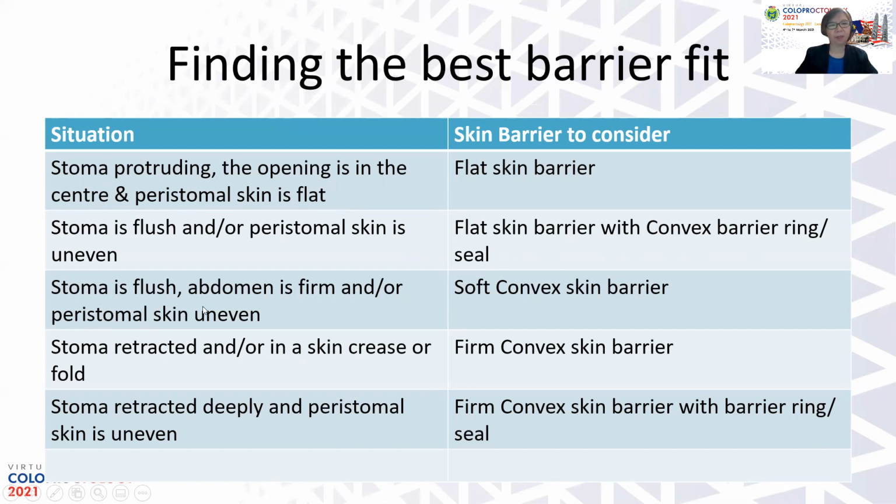If the stoma is flush, the abdomen is firm, or the peristomal skin is uneven, they can use a soft convex skin barrier. Whereas if they have a stoma that is retracted or in a deep skin crease or fold, a firm convex skin barrier will be more suitable for them. And of course, if the stoma is retracted very deeply and the peristomal skin is uneven, a firm convex skin barrier with barrier ring or seal will be suitable for them.